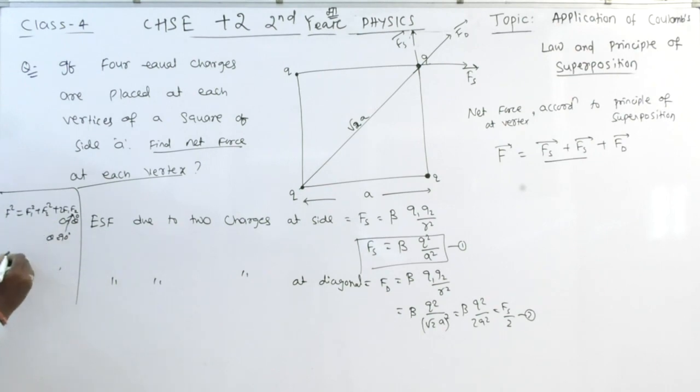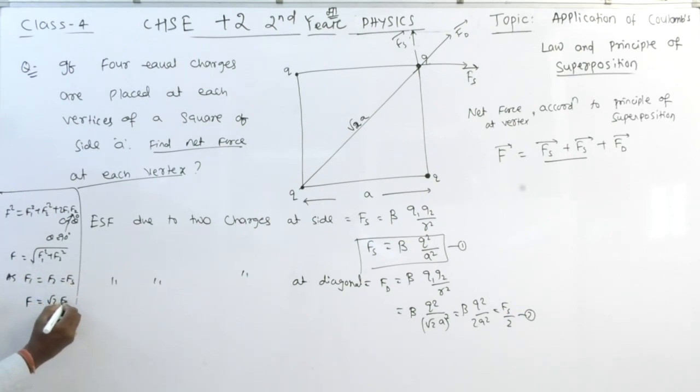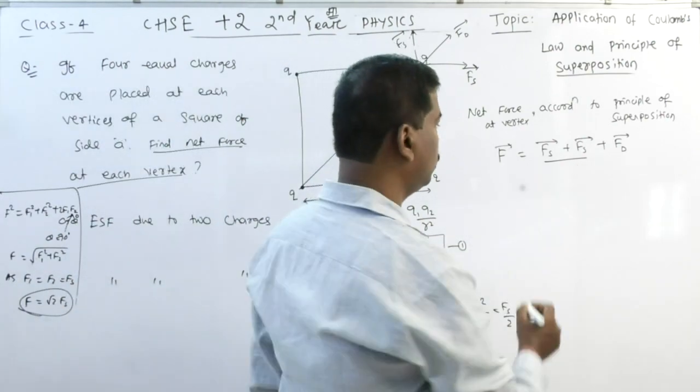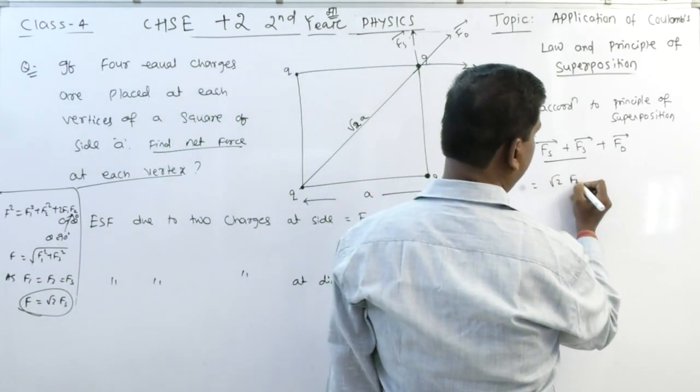So F1 square plus F2 square, so F is equal to root over F1 square plus F2 square. Clear? But here F1 and F2 both are equal to the force side. These two forces are equal, so I can put Fs square plus Fs square, 2Fs square, which means root 2 Fs. This is the resultant of these two vectors.